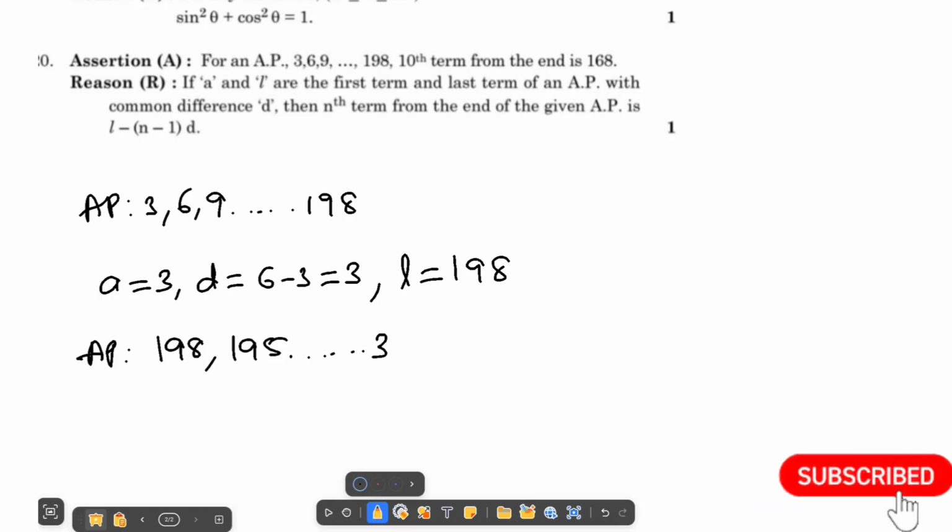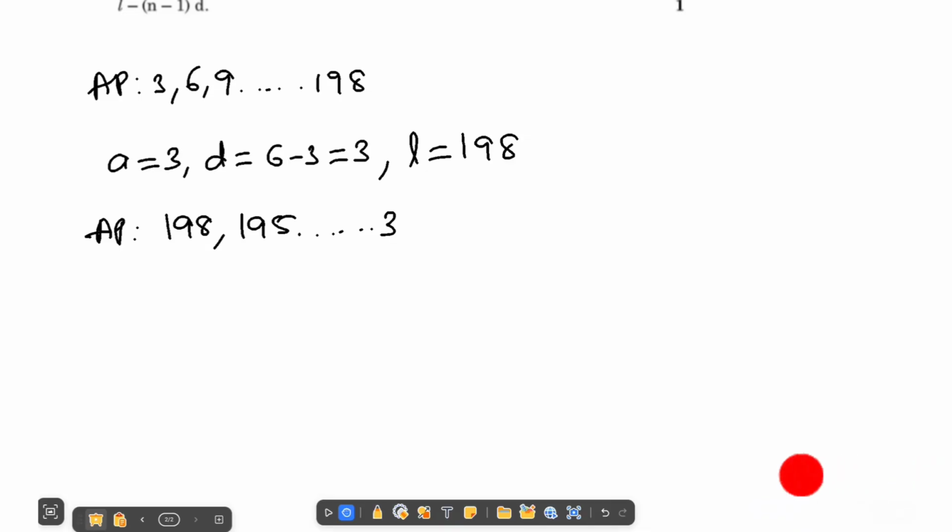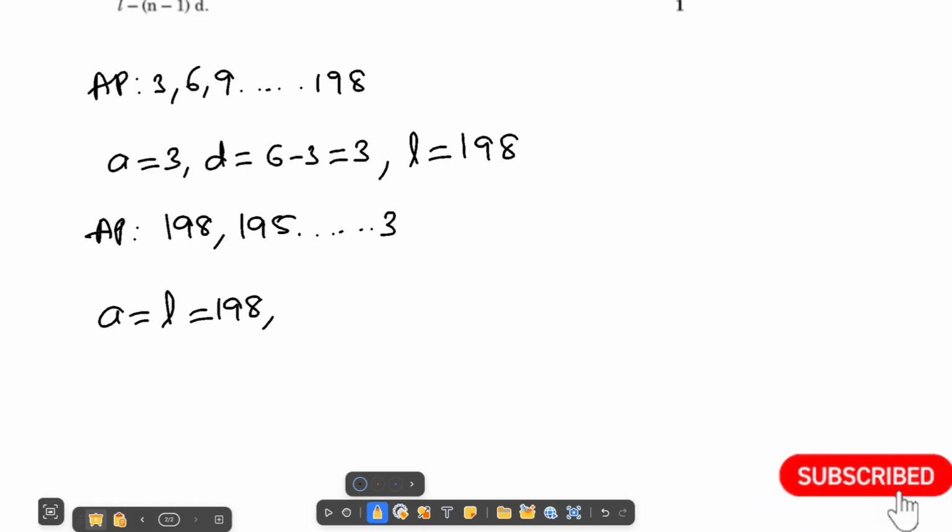So the first term will be the last term, which is 198, and the common difference will be minus d.